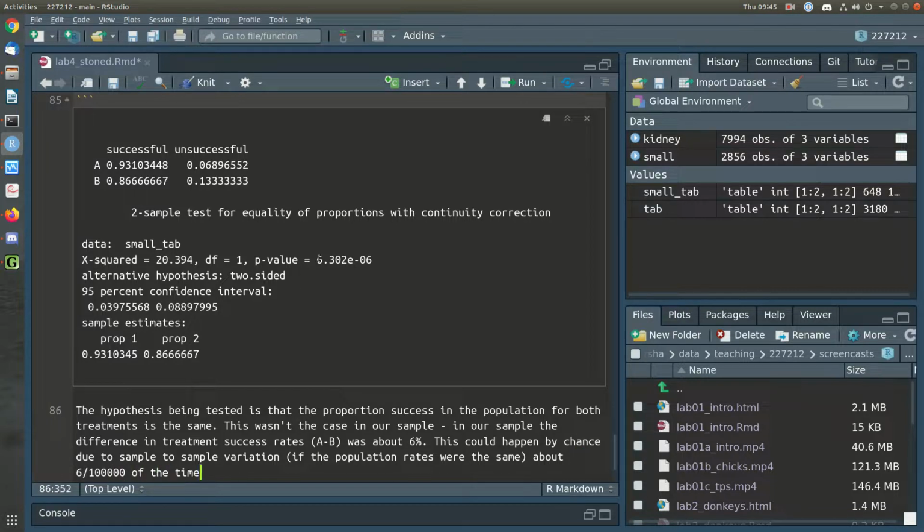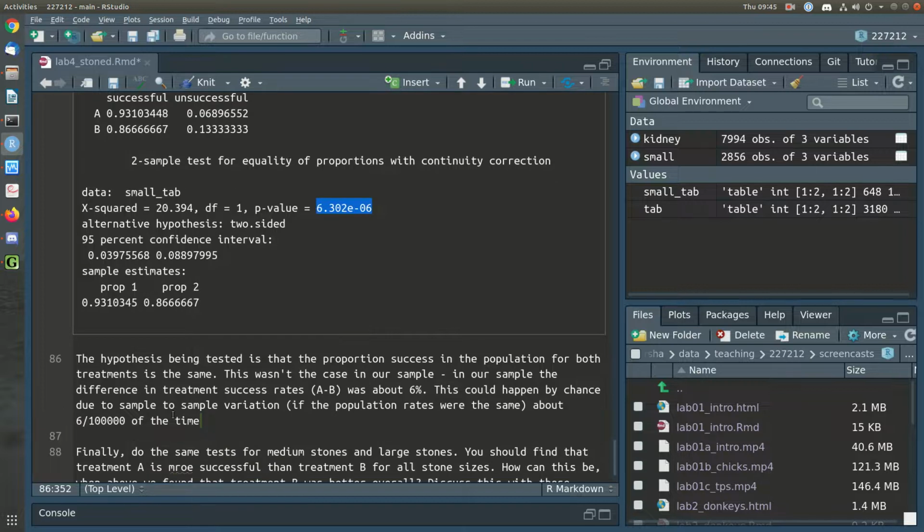So I've converted that to, I mean, we could just write it as a decimal, I guess. So it's 0.000006 of the time. We either got super lucky, or the hypothesis is not true.